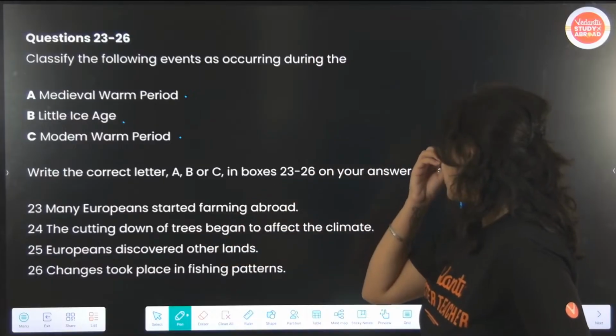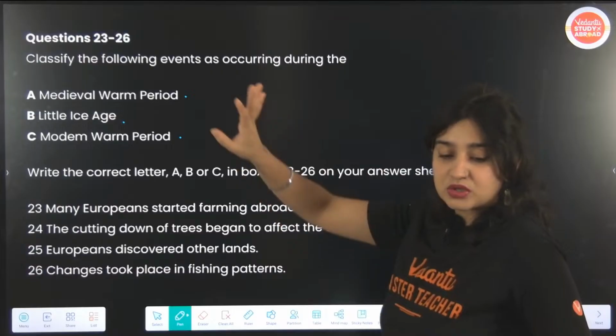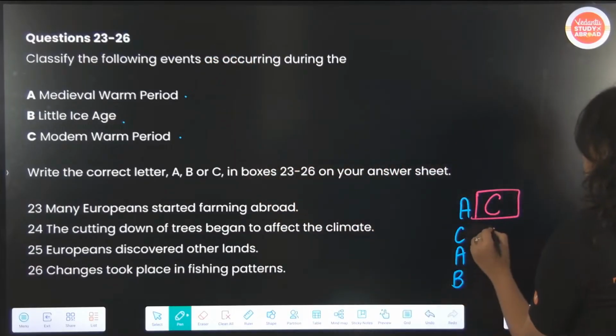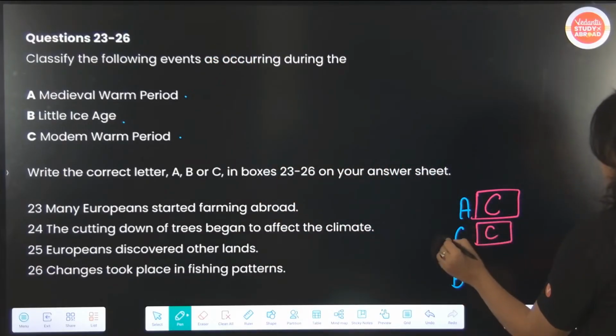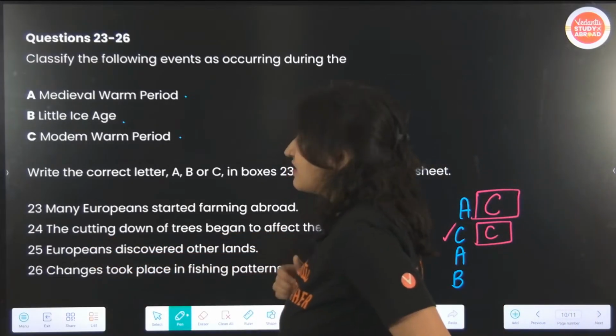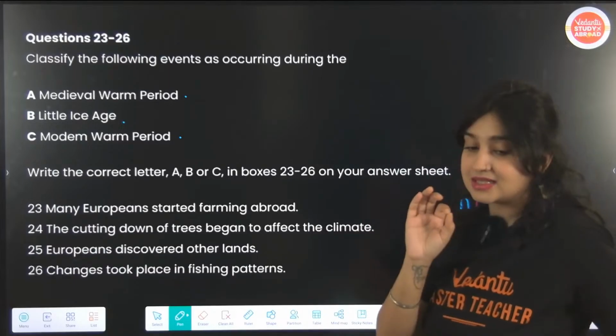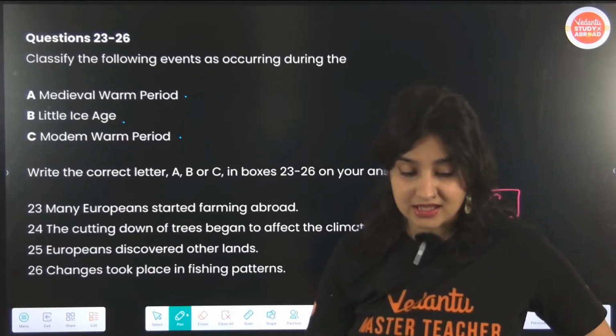Okay. Going to the next one, the cutting down of trees began to affect the climate. Now we don't have to go back because we just read it that this has also happened in the modern warm period. So this one was right. Very good. Next, Europeans discovered other lands. When did this happen? When did Europeans discover other lands?